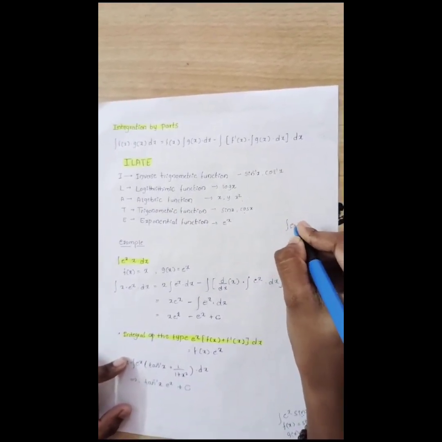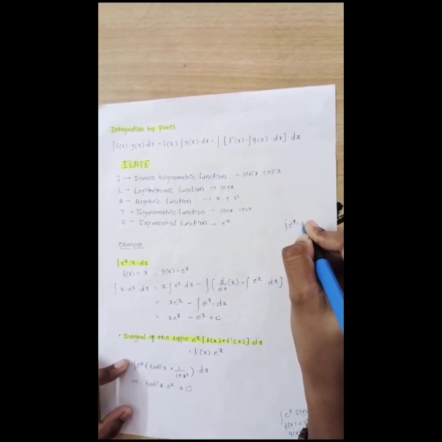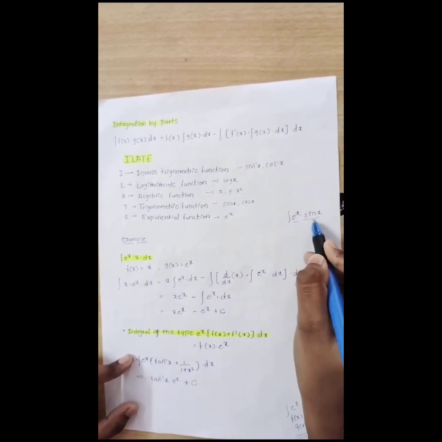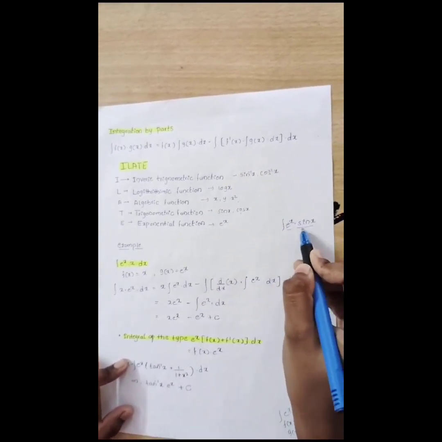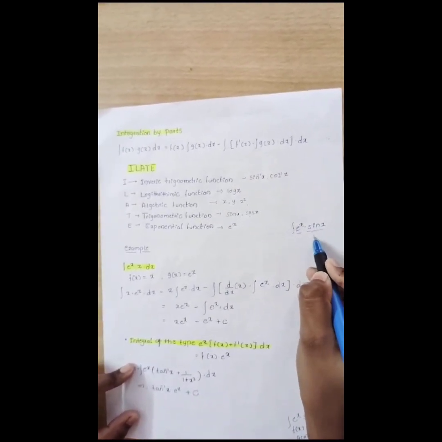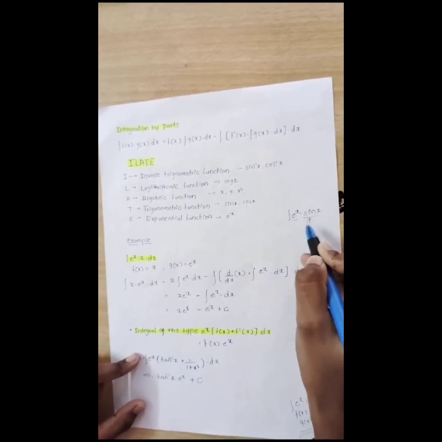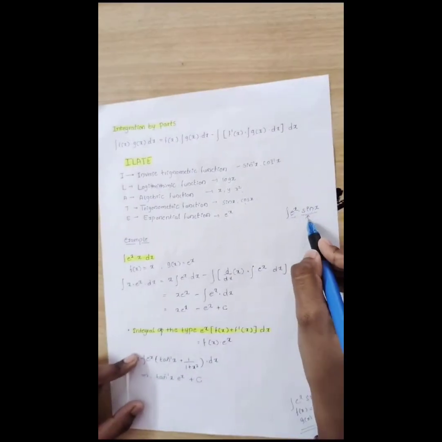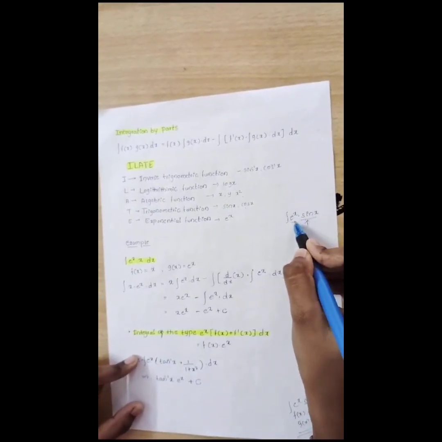Consider e to the power of x times sin x. In these two functions, the first priority is given to the trigonometric function, that is sin x, because it is above the exponential function. So the trigonometric function gets higher priority than the exponential function.